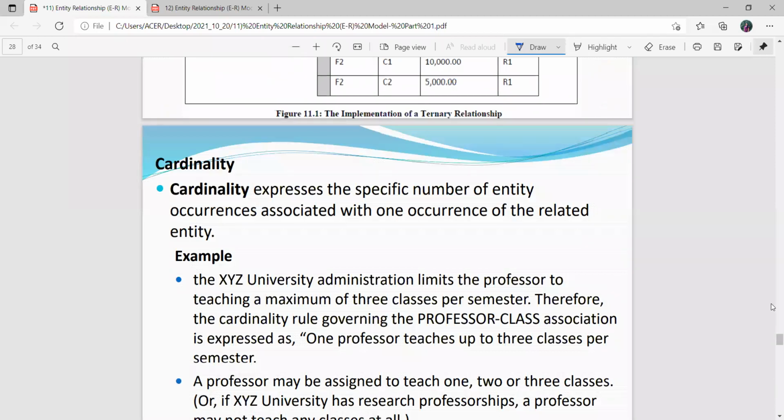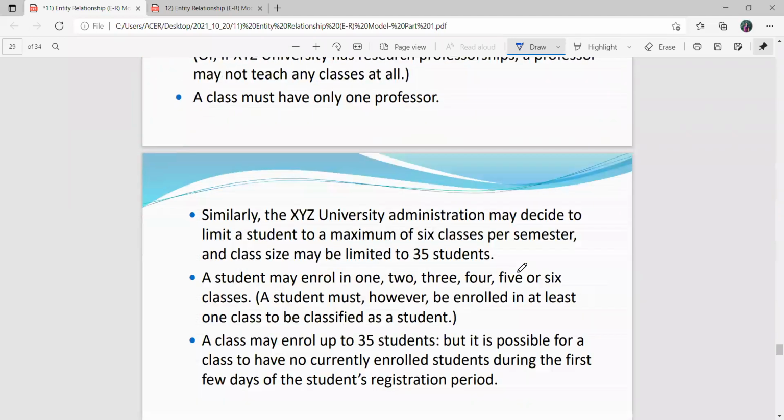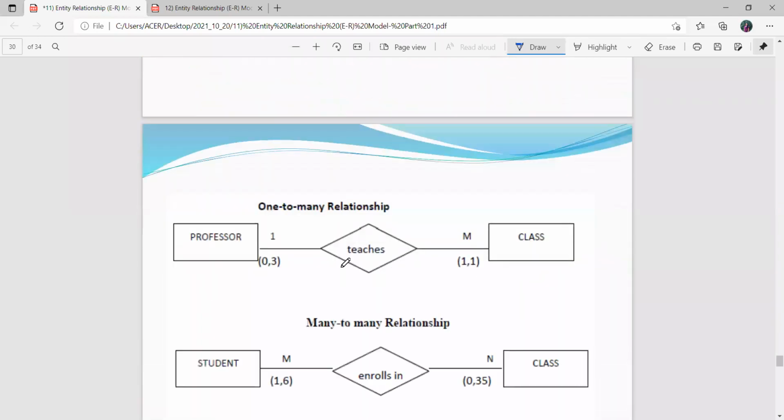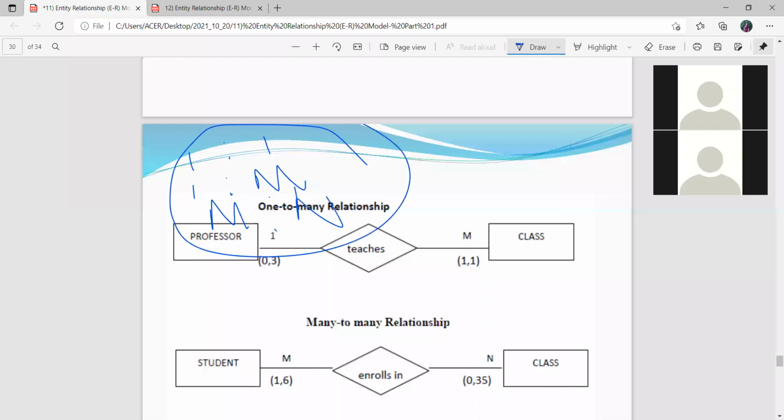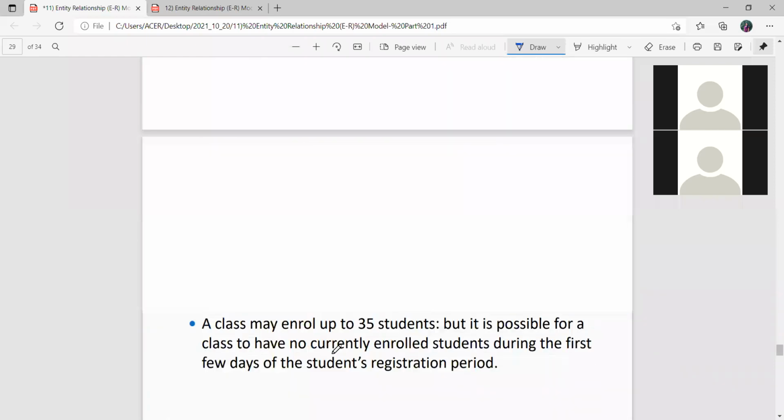When we consider cardinality, it expresses the specific number of entity occurrences associated with one occurrence of a related entity. Last week, we discussed the one-to-one relationship, one-to-many relationship and many-to-many relationship. I think you have some idea about these types of relationships.